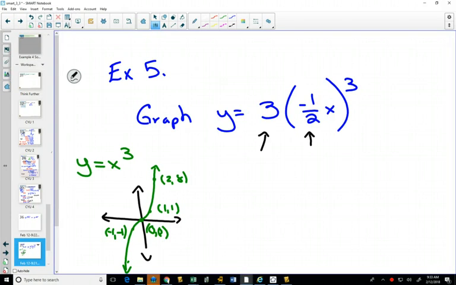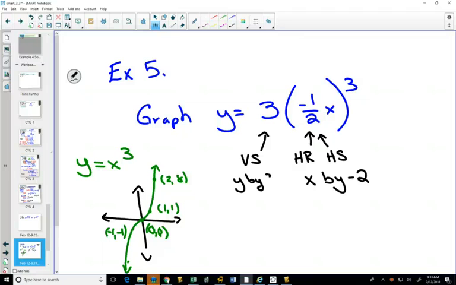That 3 out in front is going to be a vertical stretch because it's outside. The negative and the half are going to be a horizontal reflection and a horizontal stretch. These will multiply my x values by -2. This will multiply my y values by 3.